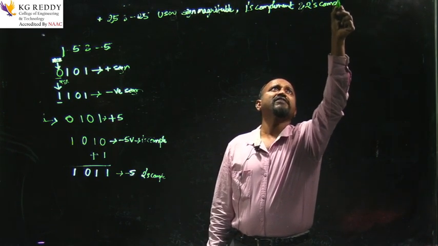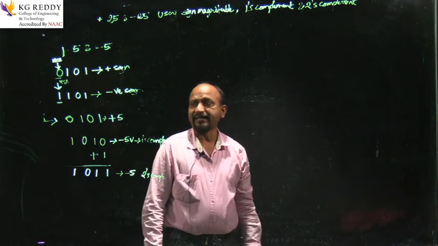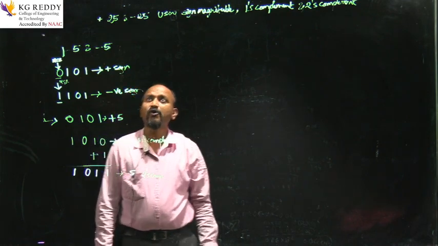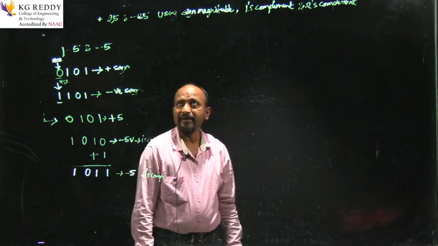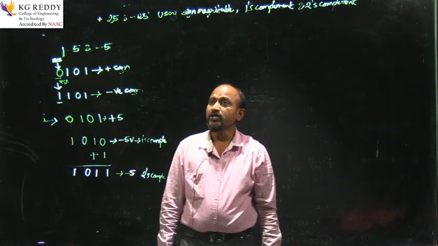This is a very frequent question that has been asked in many competitive examinations. So by taking this basic knowledge, we are going to explain how to represent plus 25 and minus 25 using sign magnitude, 1's complement and 2's complement.